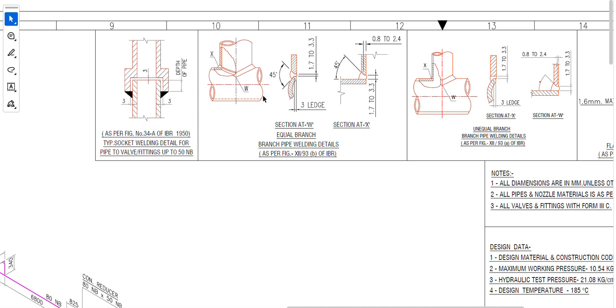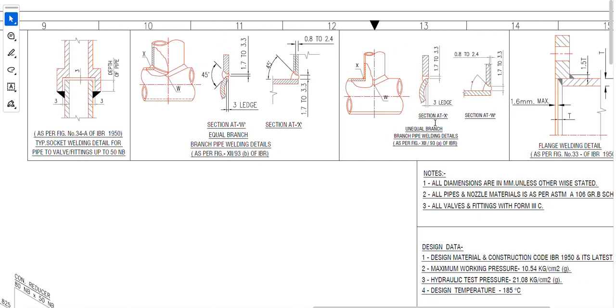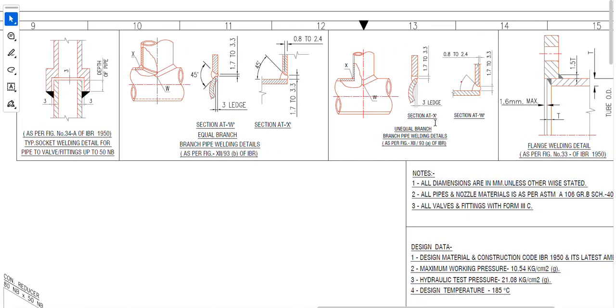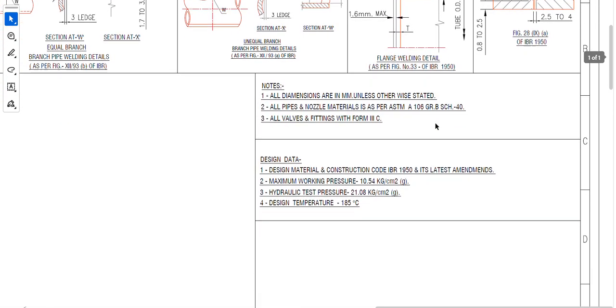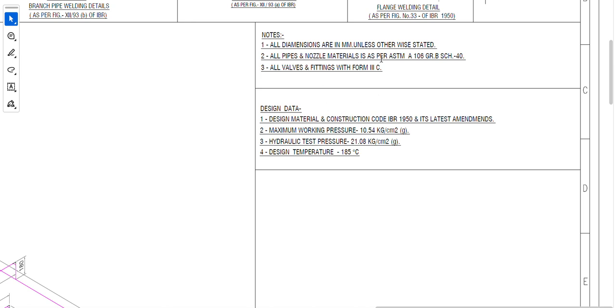As per the IBR guidelines, we have to mention the type of supports and its details, like shoe support or insulation and all these things. Then these are the general notes, like all dimensions and the material of construction. As this is the IBR line, the material grade is mentioned here, and all fittings have Form T3C.